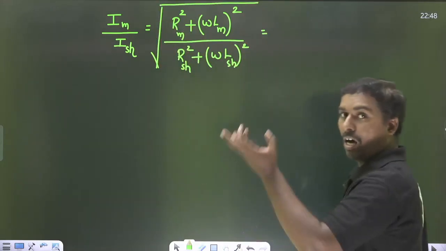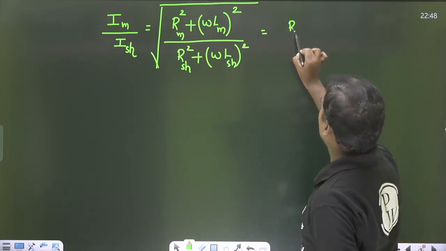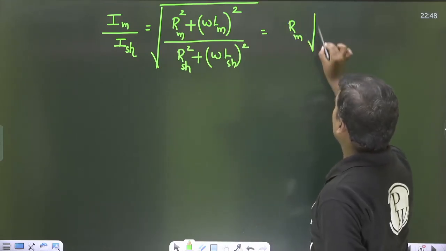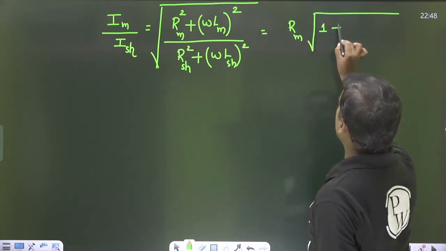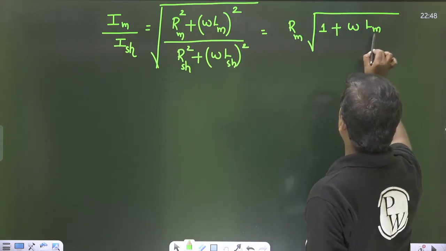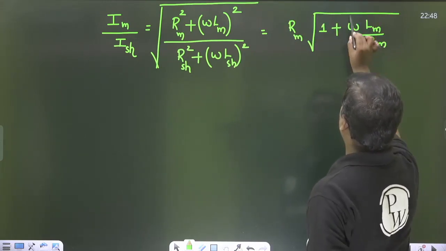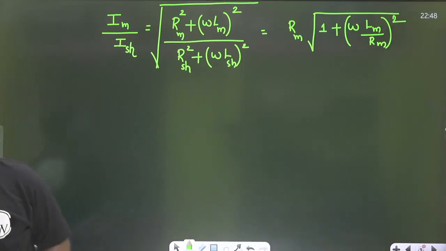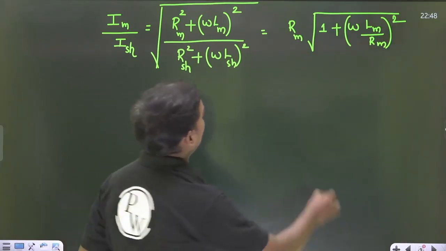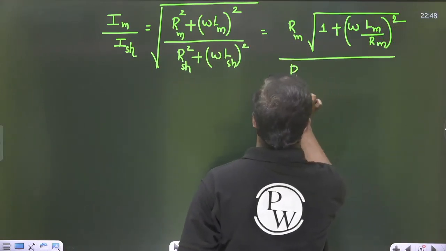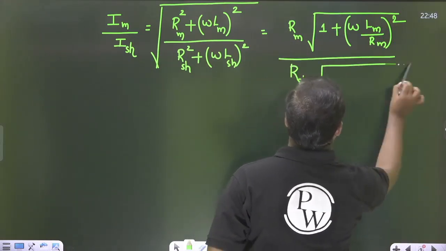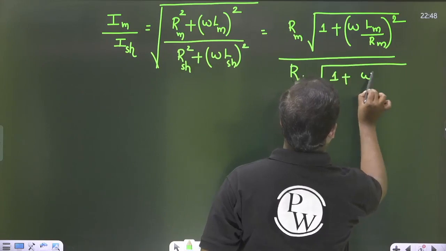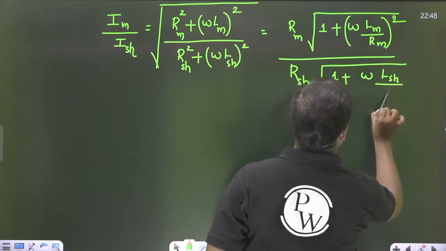Suppose if I am taking RM square common, RM will come out. This will be 1 plus omega LM by RM, right? Yes or not? Divided by RSH will come out, 1 plus omega LSH by RSH.